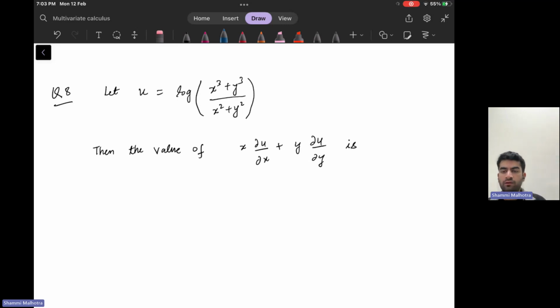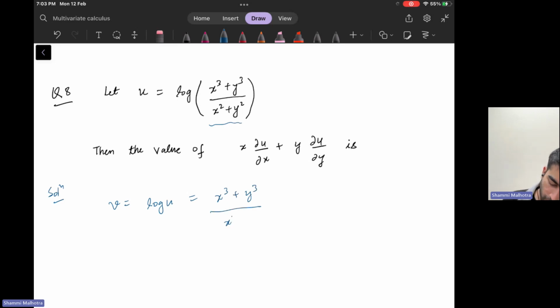Here we can say the function given to us is not homogeneous, but the expression inside the logarithm looks like an expression which could be homogeneous. For a homogeneous function, the expression we would like to find can be directly computed by Euler's theorem. So to solve this, we take v to be e to the power u, which is x cube plus y cube divided by x square plus y square.